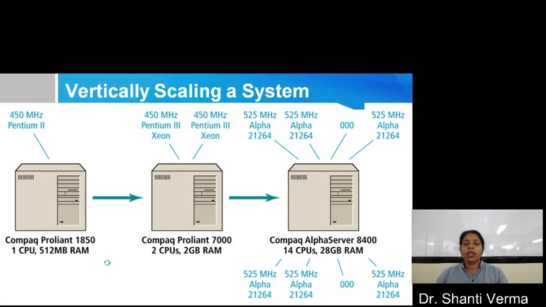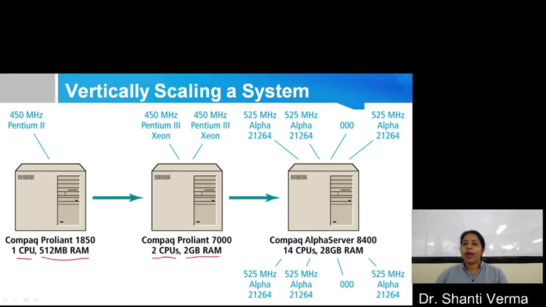In vertical scaling, in this figure, you can see that you have to make the hardware structure vertically scaled with processors. This is the first processor, whose capacity is 512 MB RAM and only one CPU. So you vertically scale this CPU into two CPUs and 2 GB RAM.